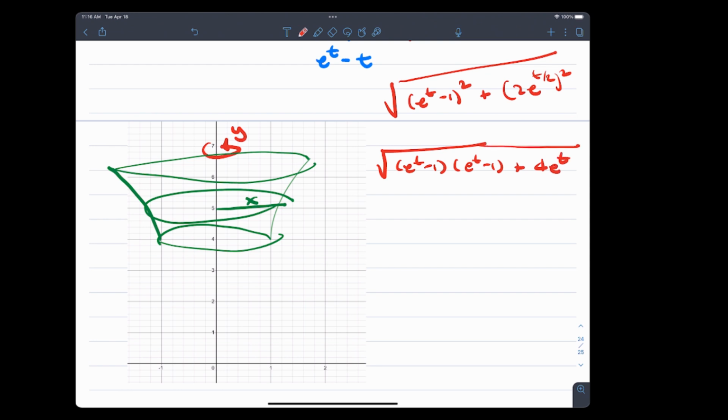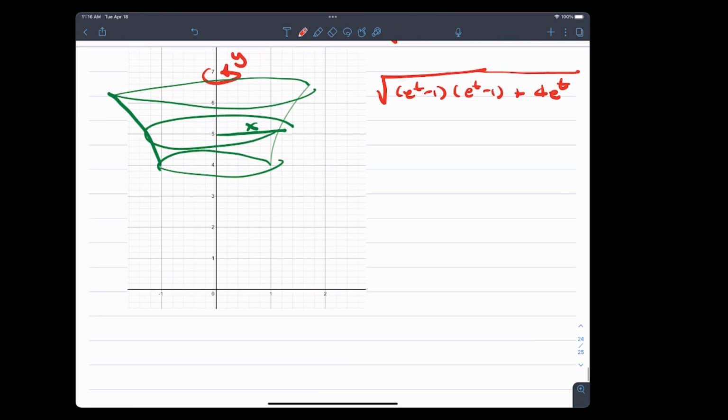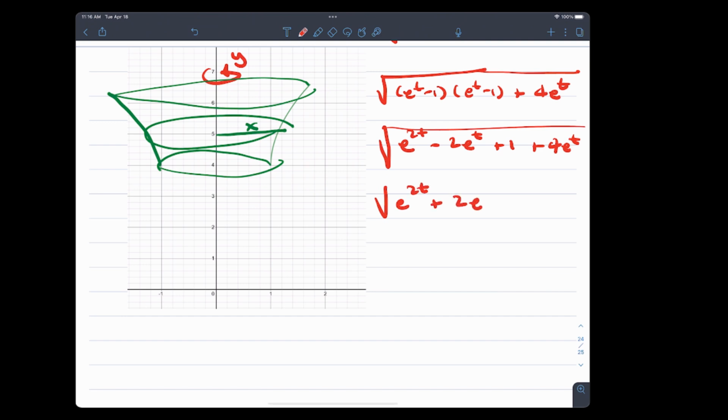I'm going to square that one. That one's pretty easy to do. This other one, keep with me, e to the t squared, isn't that e to the 2t, minus 2e to the t plus 1 plus 4e to the t here. Square root e to the 2t now plus 2e to the t plus 1.